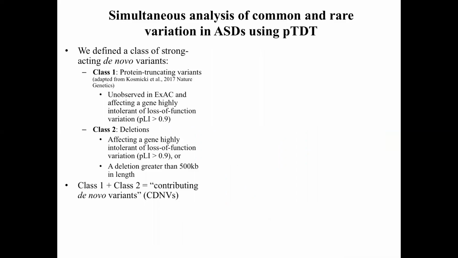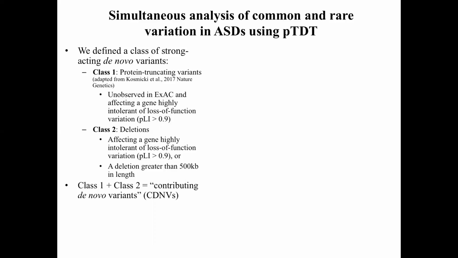We were then interested in using exome sequencing for the families to look at the role of de novo variation in autism, because there's been very consistent associations in the past between the role of de novo variation in autism and in neurodevelopmental disorders broadly. So we went to define a class of strong-acting de novo variants in the Simons collection. So we defined two classes.